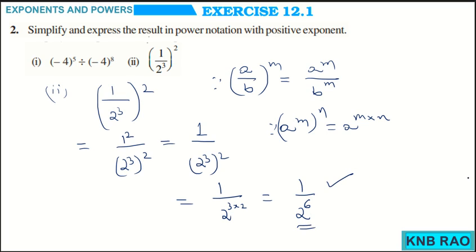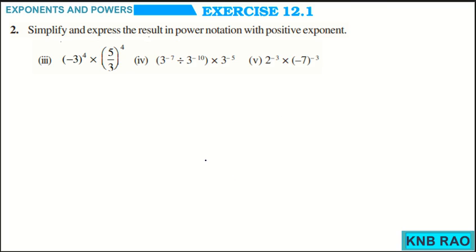Now coming to question number 2, sub question 3.